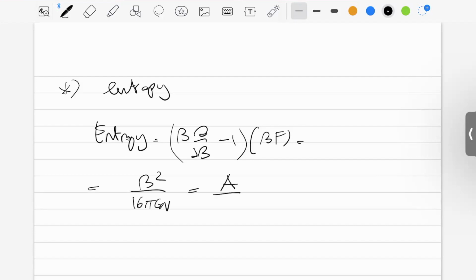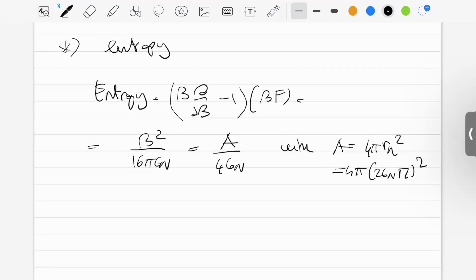So A divided by 4G, where A is the area of the event horizon, so the area of the black hole, 4 pi RH squared. RH for a Schwarzschild black hole is just the Schwarzschild radius, so 2GNM squared.